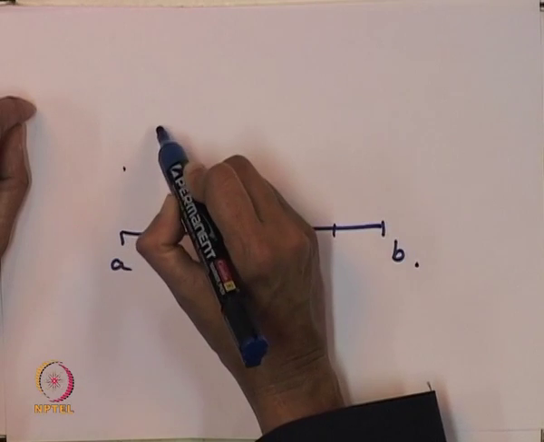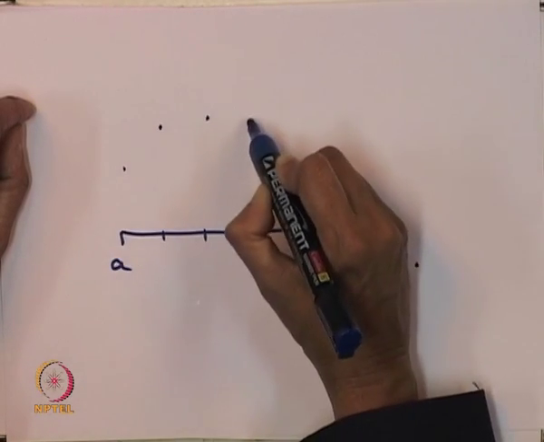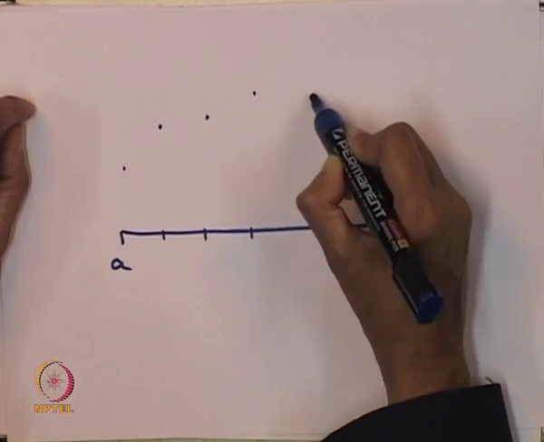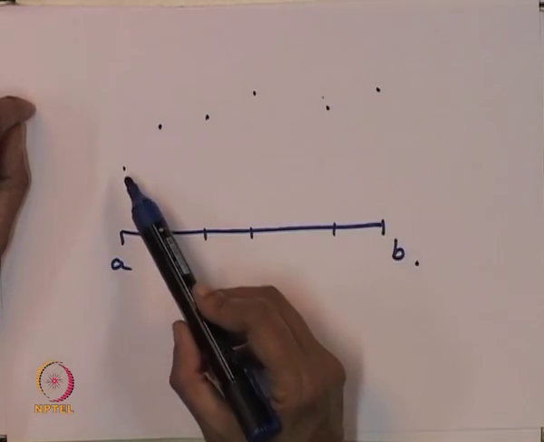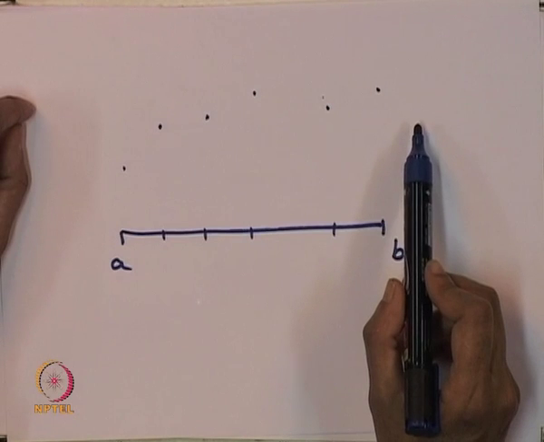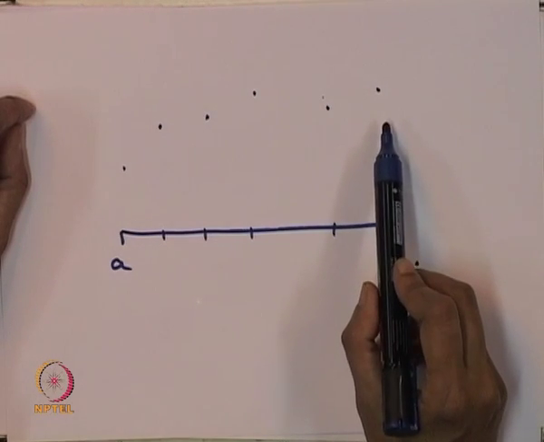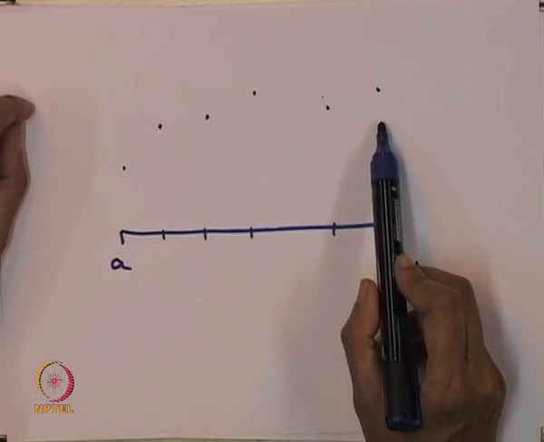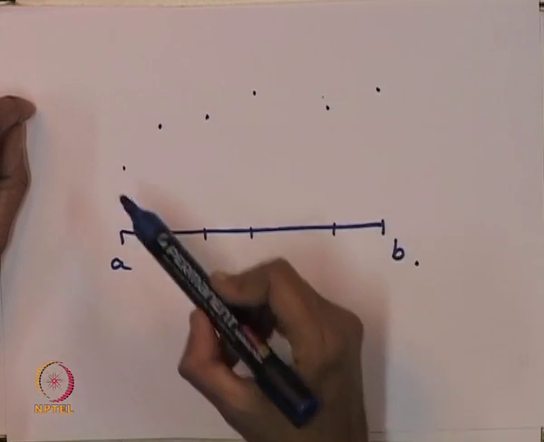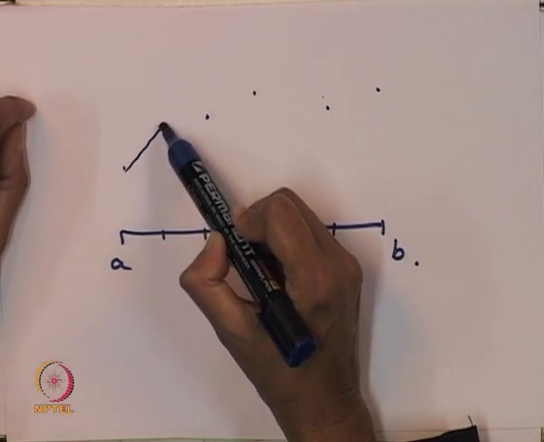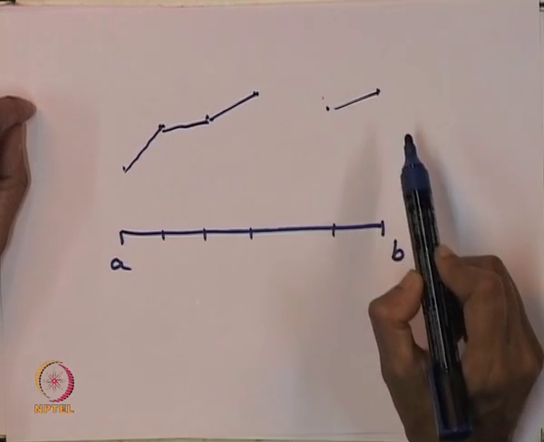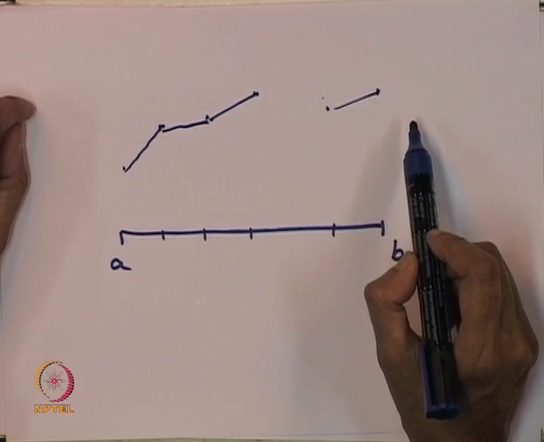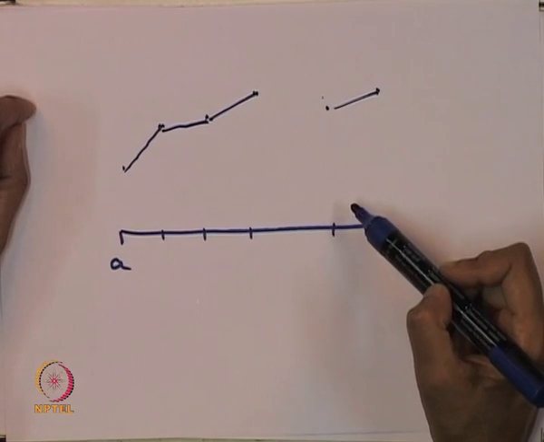So, you are going to have some data, n plus 1 points. If there are n plus 1 points, I can fit a polynomial of degree less than or equal to n. Instead of that, we go to piecewise linear and then we join by straight lines. So, that is the piecewise linear interpolation.